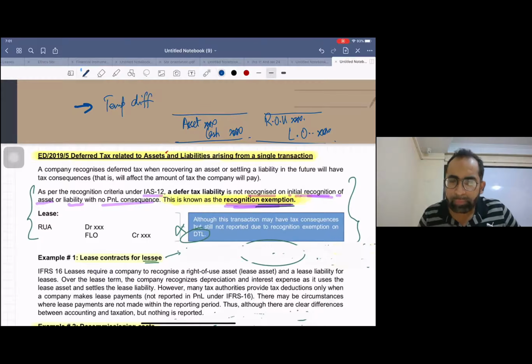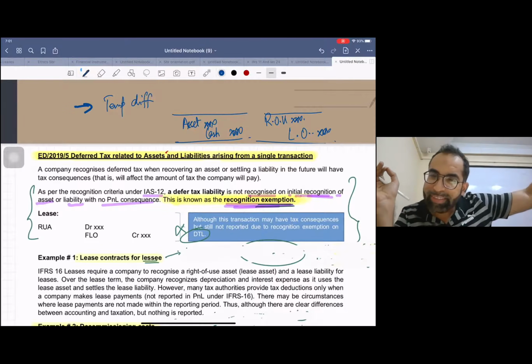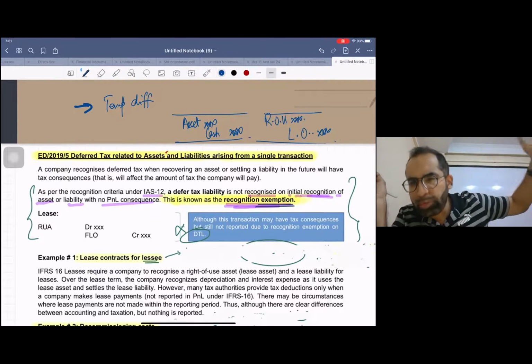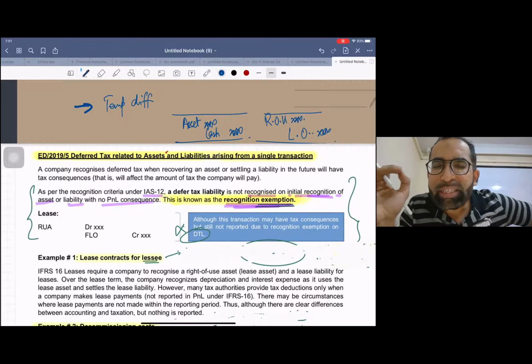The third example, hope you remember, when you were doing basic accounting, you were kids in F7 level or previous accounting level, you used to study compulsory disposal cost, or we call it decommissioning liability.